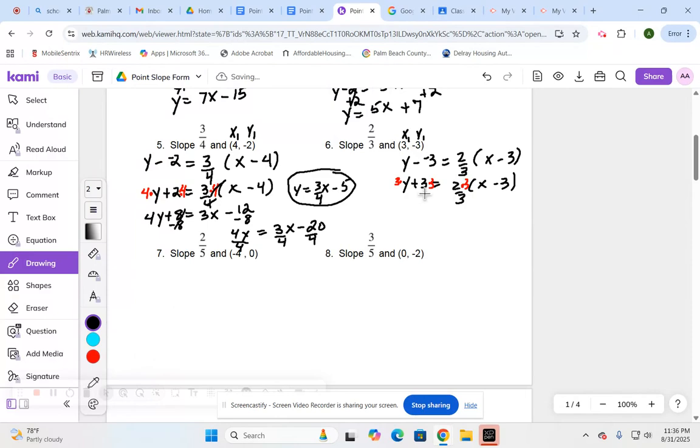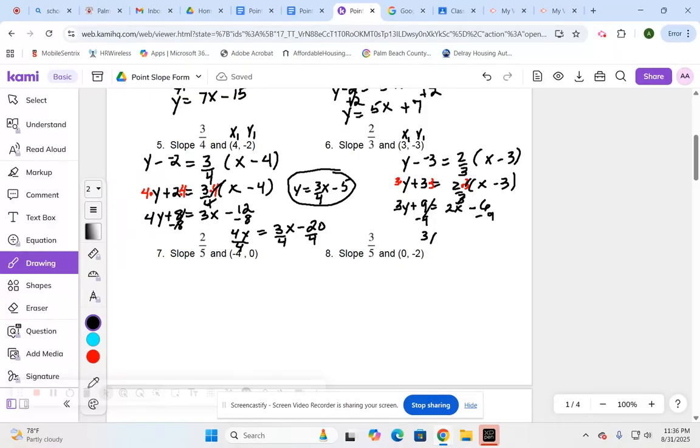Now let's simplify. So we'll have 3y plus 9. The 3's here will cancel. We'll have 2x when we distribute the 2 times x, and 2 times minus 3 is going to be minus 6. Let's get these numbers together. So subtract 9 from both sides.